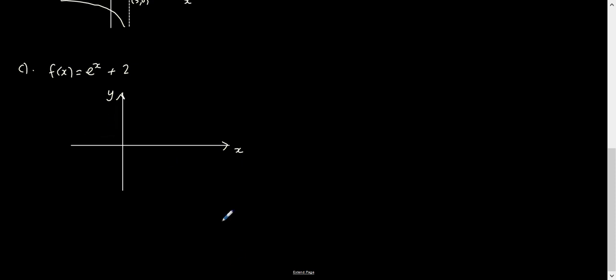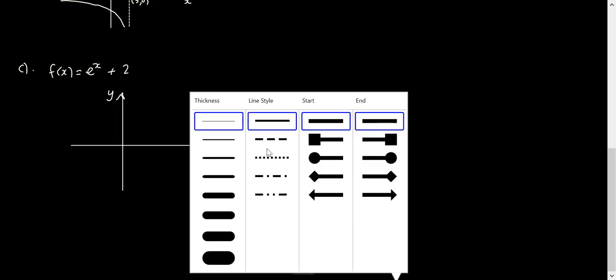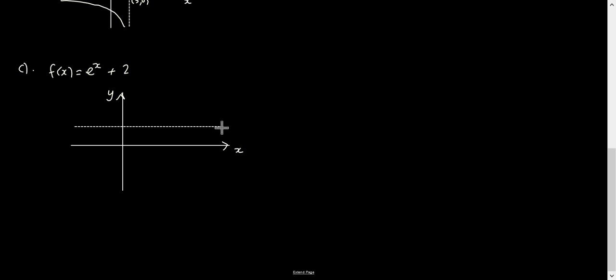Now e to the x, exponential graph. So e to the x plus 2 is just the graph of e to the x moved up by 2. So I'm going to draw this horizontal asymptote here, and I'll get to sketching the graph.